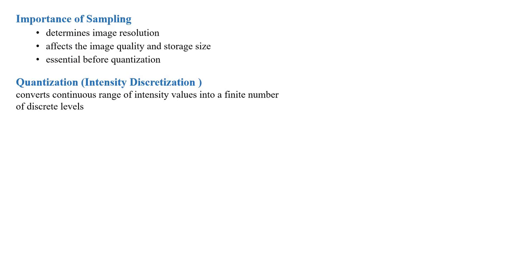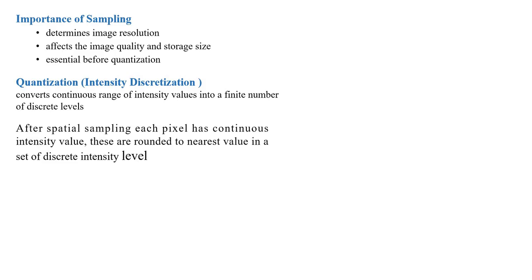So quantization converts the continuous range of values into a finite set of discrete intensity levels. And here, after spatial sampling, each pixel has a continuous intensity, and this intensity is rounded off to the nearest available level in the digital system.